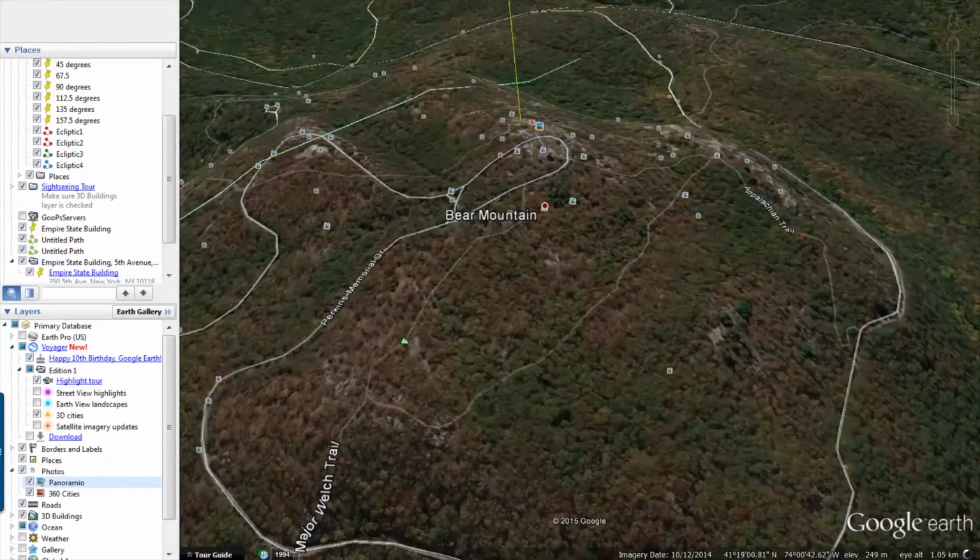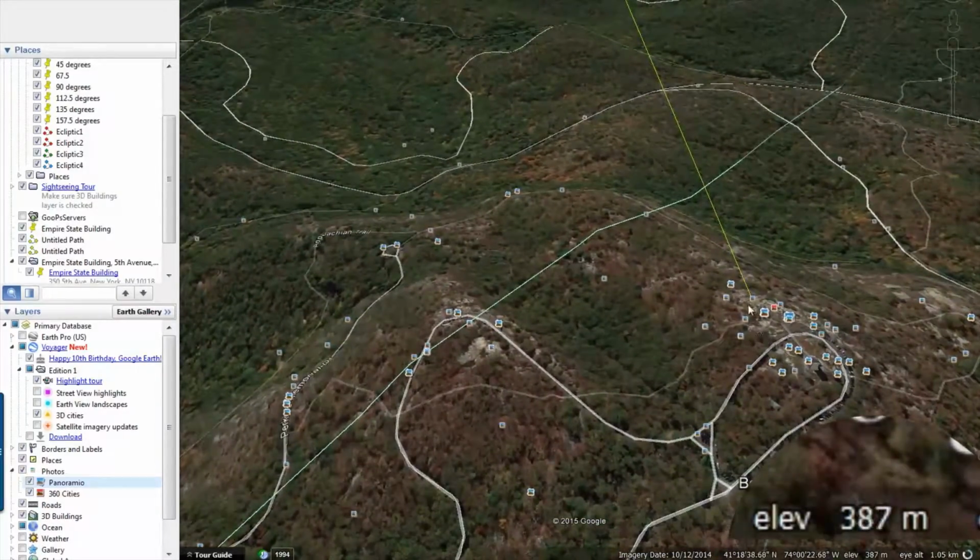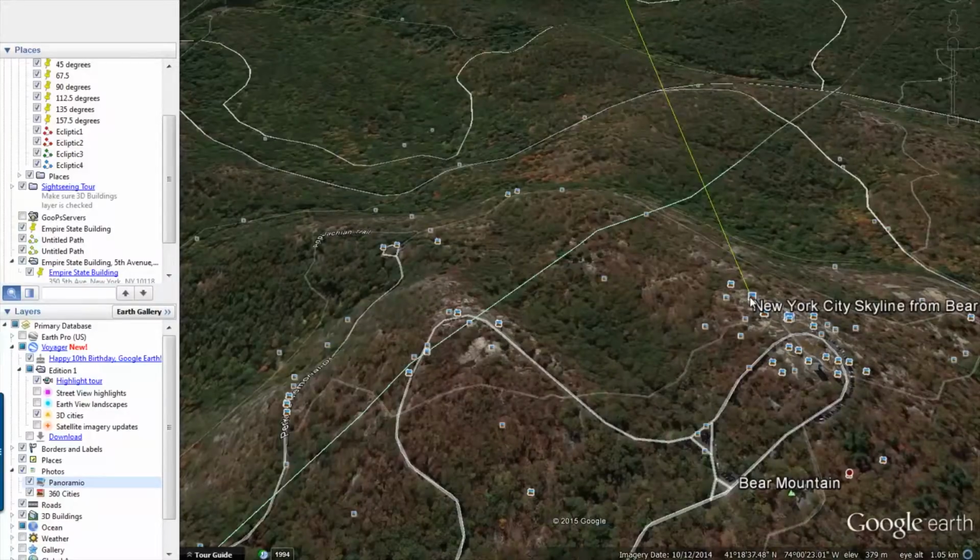However, notice the elevation above sea level down in the status bar in Google Earth. It shows 380 meters high. That location is 380 meters above sea level.